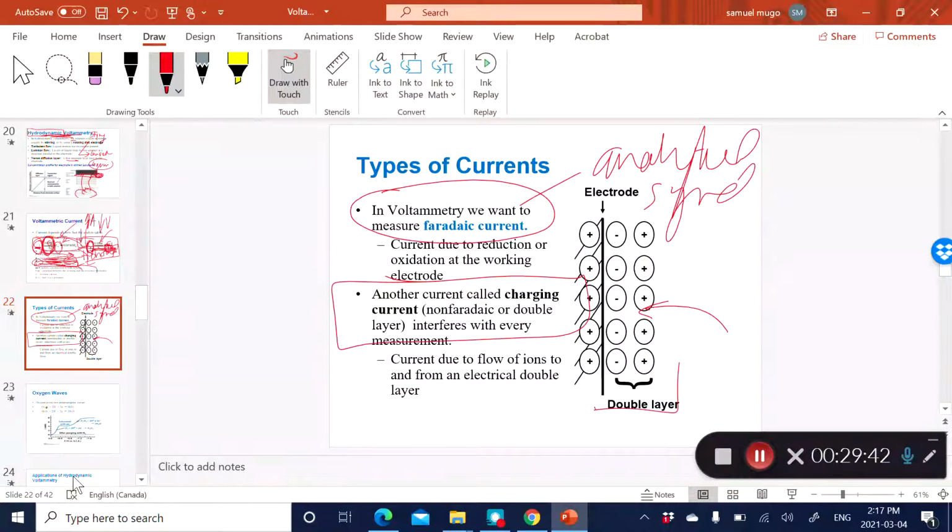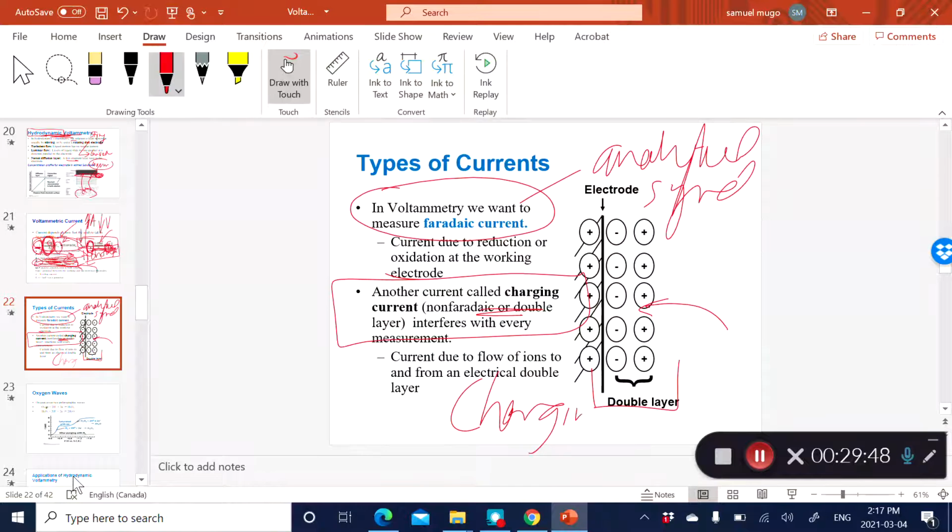And because of that, you create the non-Faradaic current, what you refer to as the charging current. And so charging current is noise, and it should be avoided.